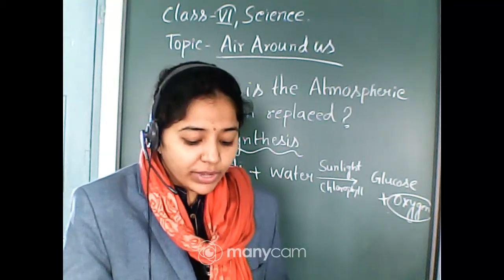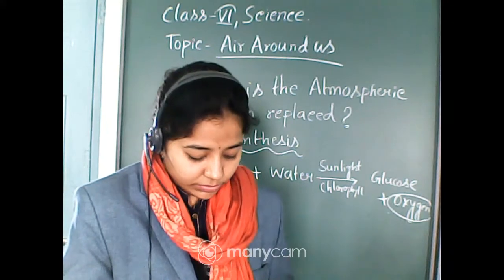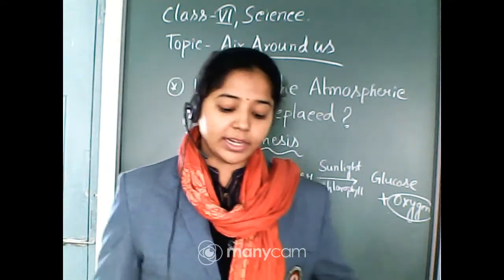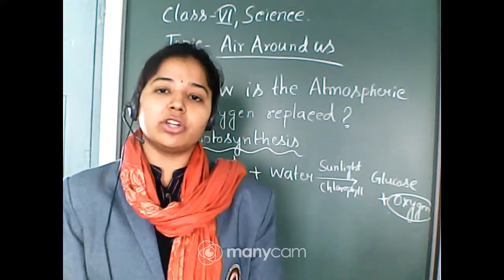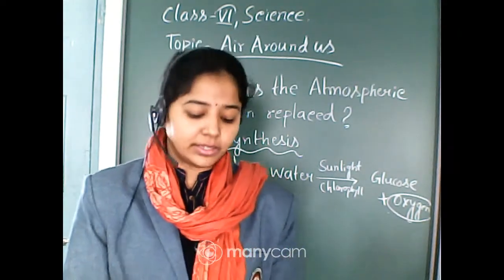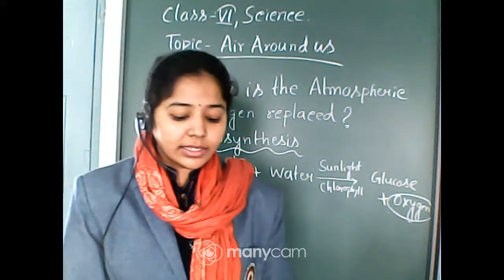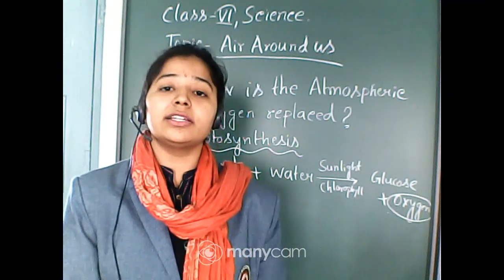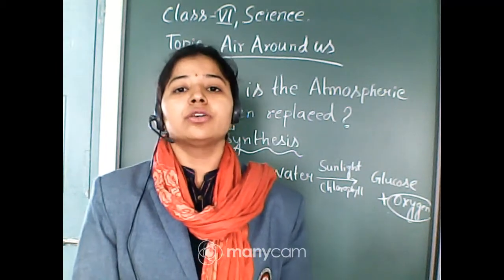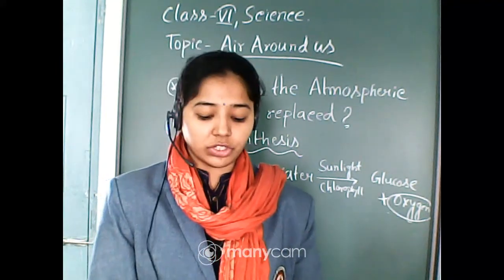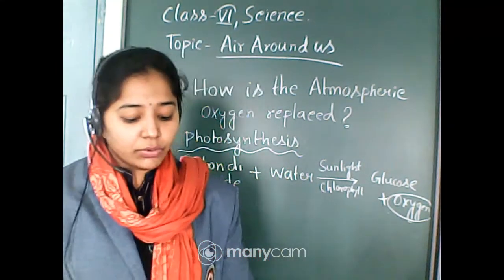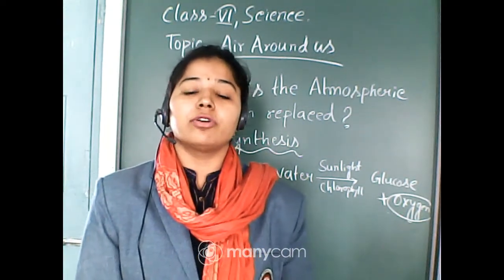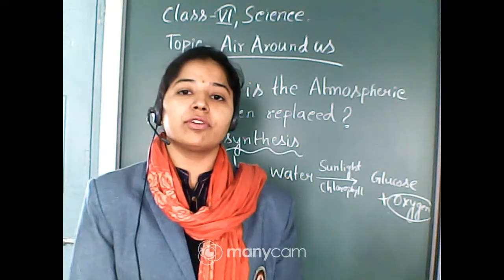In this way we can say that the balance of oxygen and carbon dioxide in the atmosphere is maintained through the respiration of animals and plants. This relationship of plants and animals shows their interdependence. Now we can appreciate how important air is for our life, also life on earth.